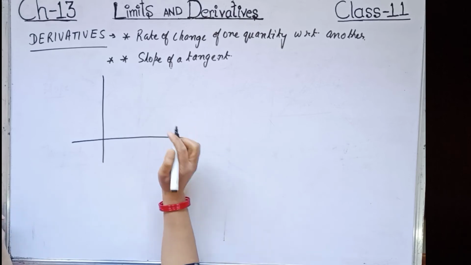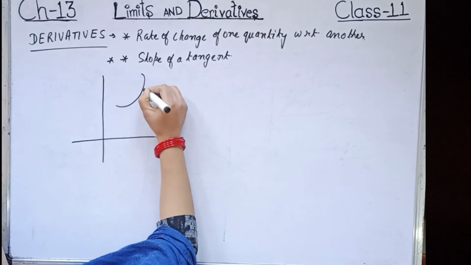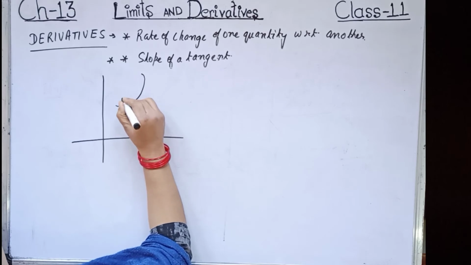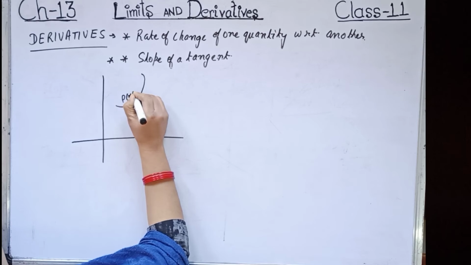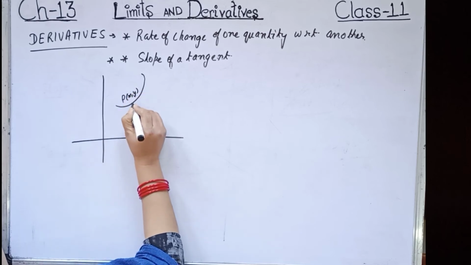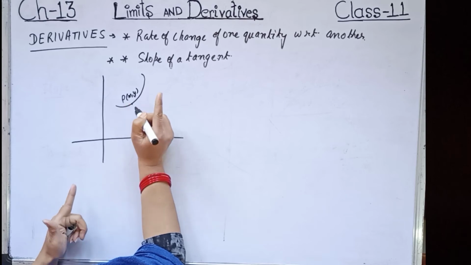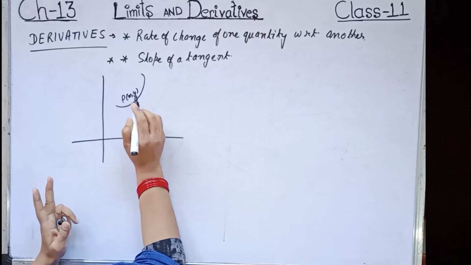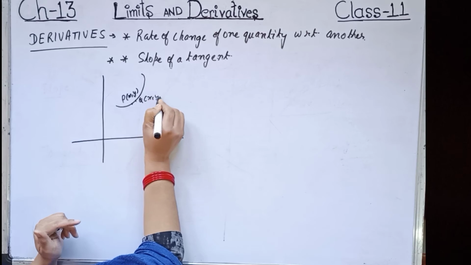Now to get the slope of the tangent, suppose we consider over here a point P (x, y). Now I have to consider one point just close to P, let us suppose over here Q (x1, y1).